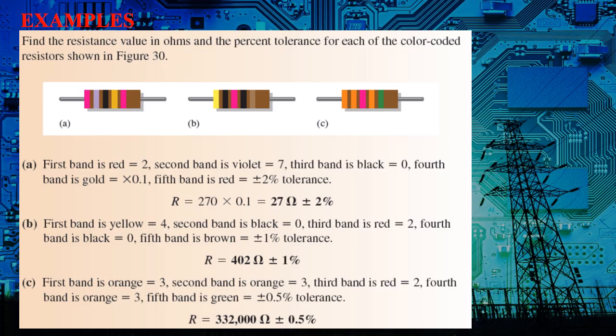The fifth band is red, it's the tolerance, plus or minus 2%. So the value of the resistor, depending on the color code, is 2 for red, 7 for violet, 0 for black, and the multiplier times 0.1, and then you will have 27 ohms plus or minus 2%. So that's how you work out the resistor.